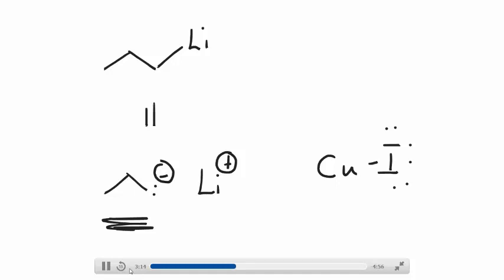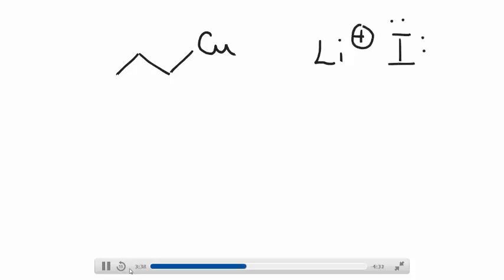So this pair of electrons comes over and pairs up with the copper, and iodine gets pushed out. This results in copper being bound to the carbon chain, and then you have your lithium paired up with your iodide. This is more favorable.